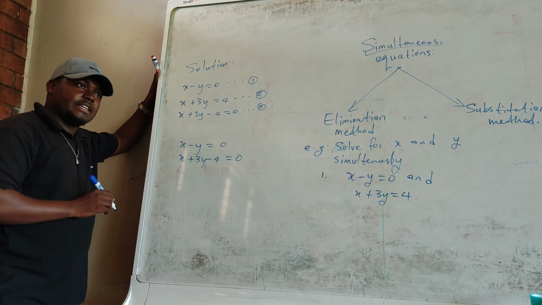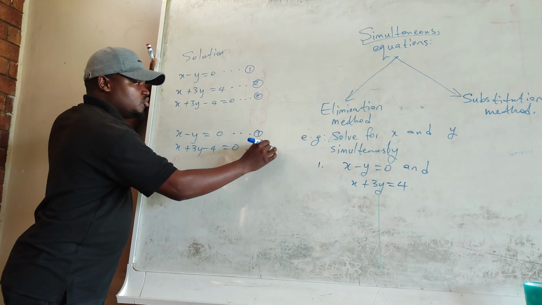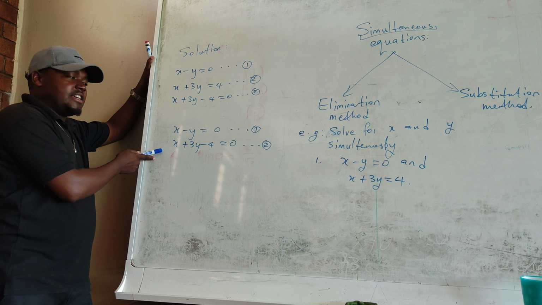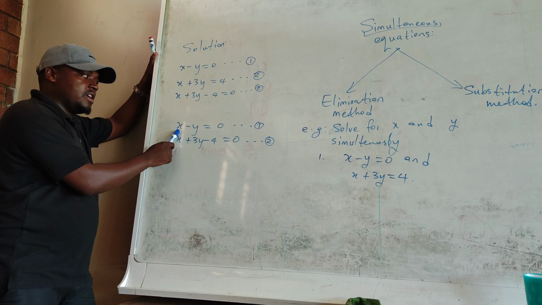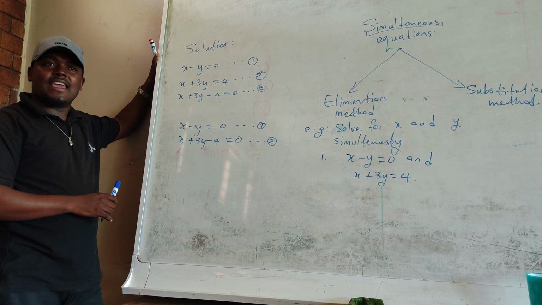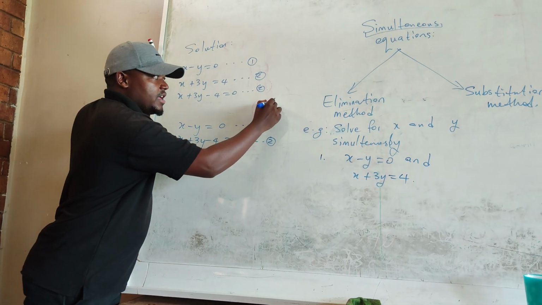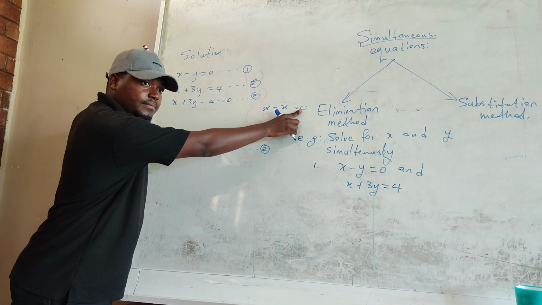I want to check if I add or subtract these two equations, say equation 1 minus equation 2, whether there is a variable, x or y, that will disappear, be eliminated. For example, when I have x minus x, the answer is 0, which means x is no longer there.